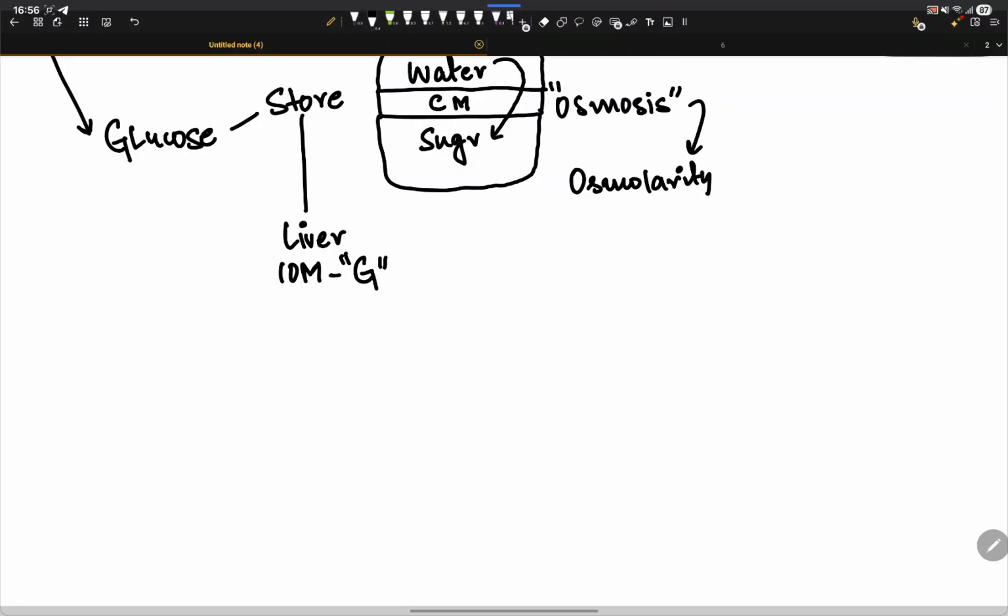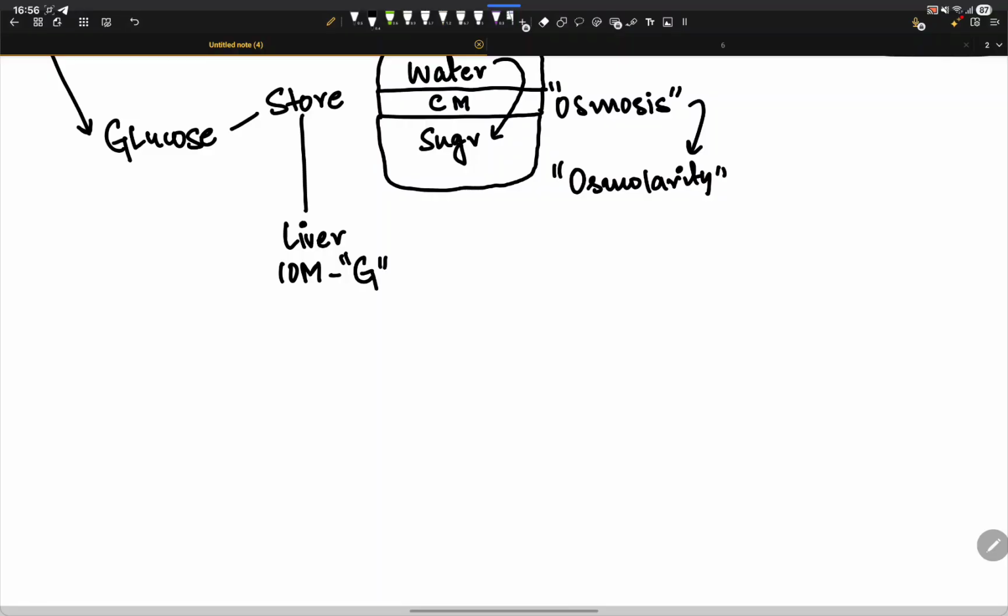It's storing this 10 million glucose inside. What's going to happen is water is going to move inside and the cell is going to swell up, right? The cell membrane is going to stretch and eventually the cell can actually rupture because of the catastrophic amount of water that's going to move inside because of the concept of osmolarity.